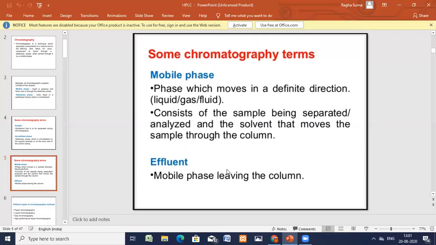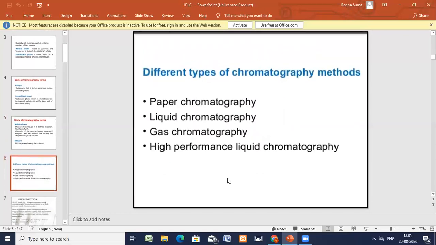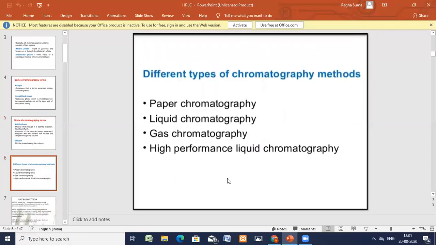The mobile phase that is leaving the column is called the effluent. So we have seen the basic terms: analyte, immobilized phase, mobile phase, effluent.